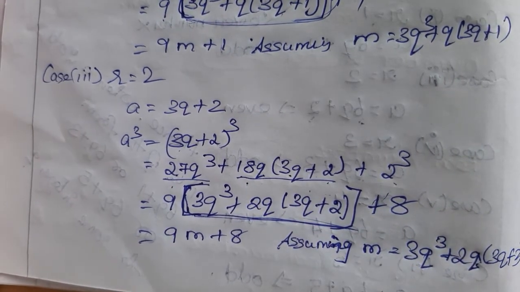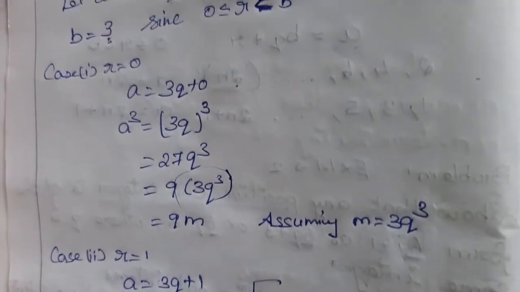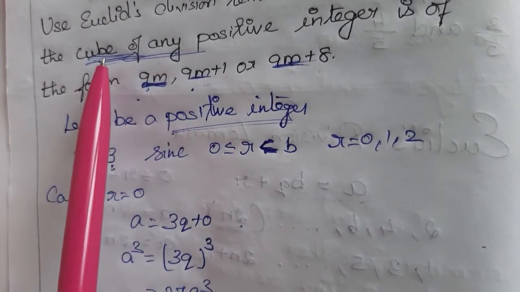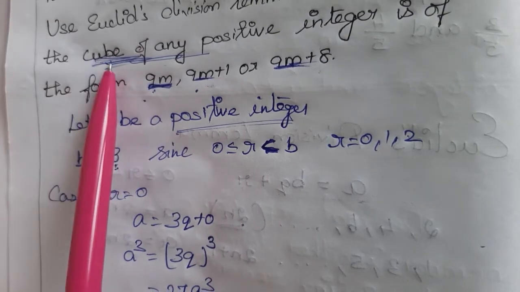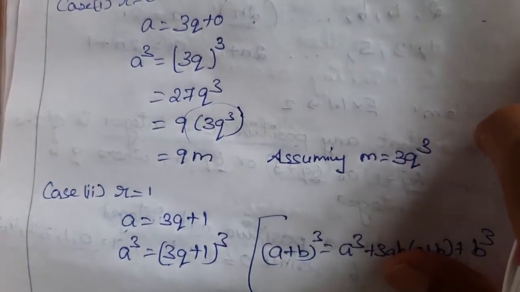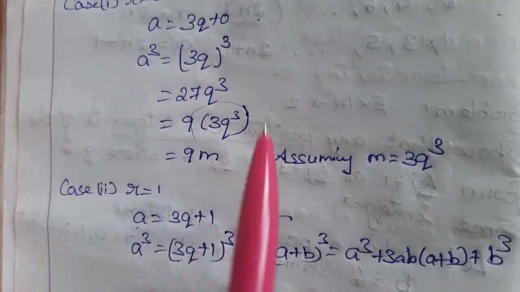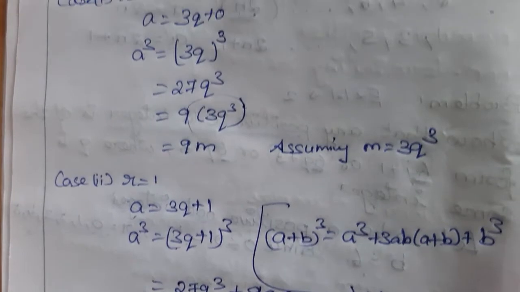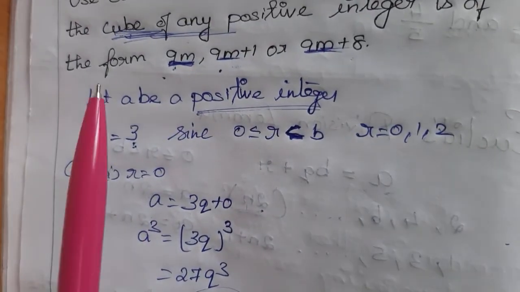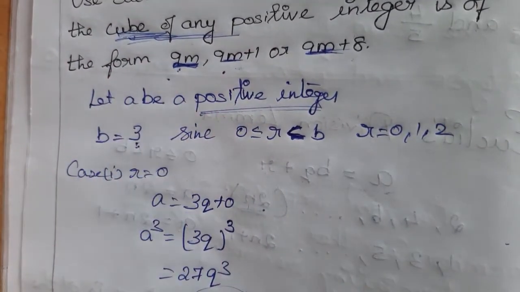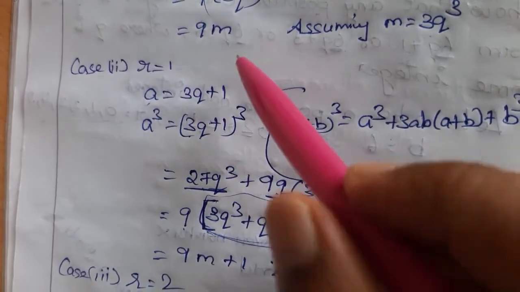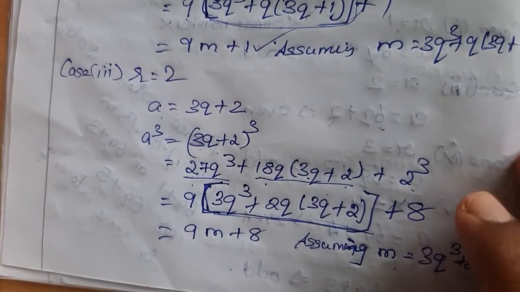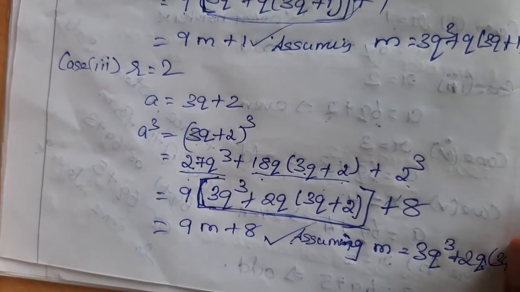Clear? That's what we have proved. Taking a as any positive integer, the question asks about a cube, and for that we cubed in all three cases and expressed it in the form of 9 multiples. So we obtained 9m for the first condition, 9m plus 1 for the second condition, and 9m plus 8 for the third condition.